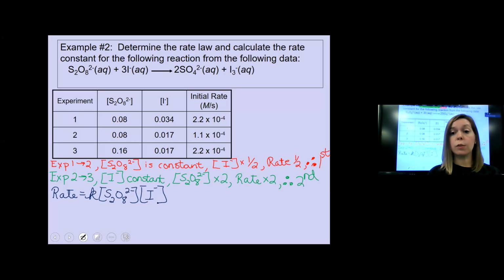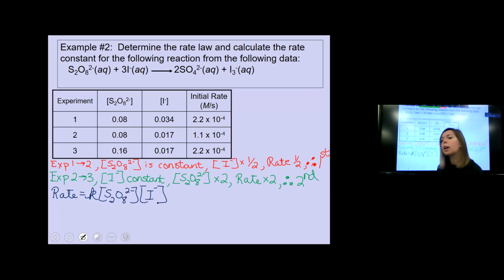All right, so hopefully you found out that it is first order with respect to the S2O8 2- and first order with respect to the I- ion. If we look at experiment 1 to 2, the S2O8 stayed constant while the I- decreased by a factor of 2, or got cut in half. The rate also got cut in half since they're doing the same thing.